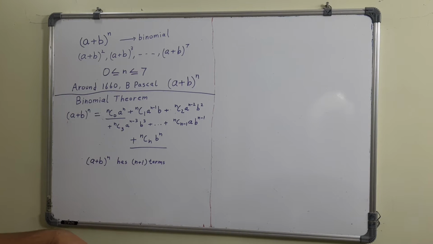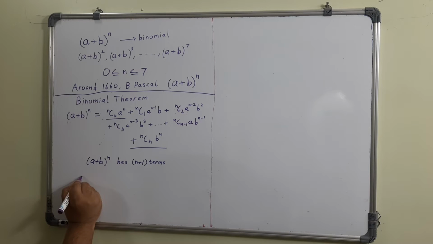In this way, Pascal's triangle can be found. When n equals 0, the coefficient is 1. When n equals 1, the coefficients are 1 and 1. When n equals 2, the coefficients are 1, 2, and 1.